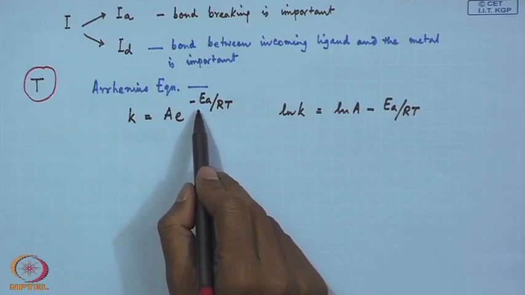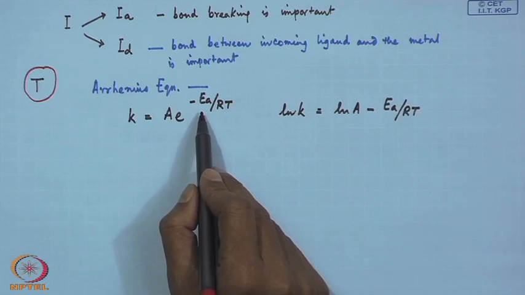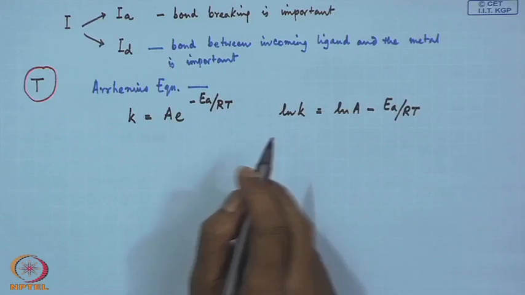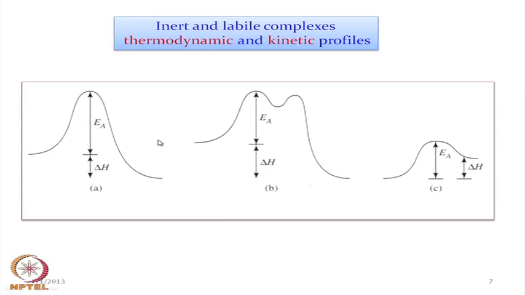How quickly we can cross the energy barrier in terms of the energy of activation gives rise to the rate of the reaction. So, we can have three different types of plots depending upon EA, which is the energy of activation, with respect to the enthalpy of the reaction.